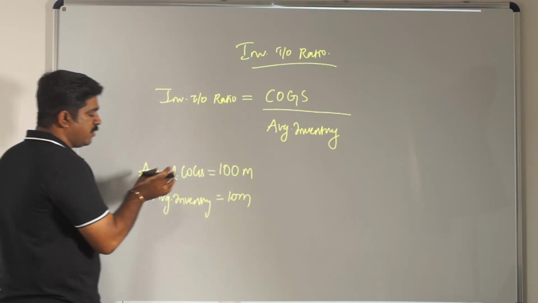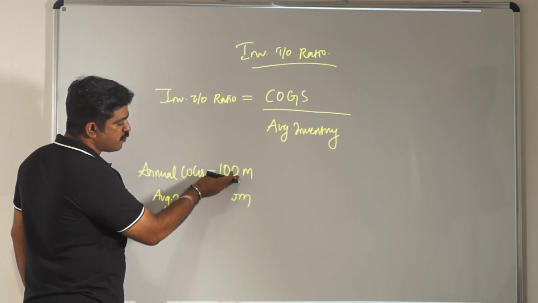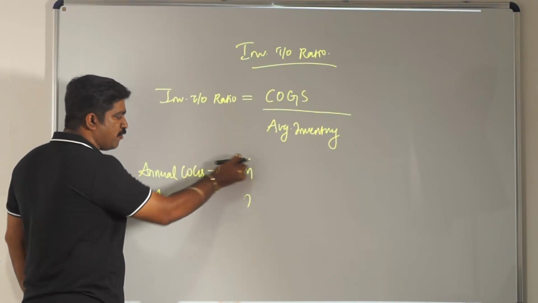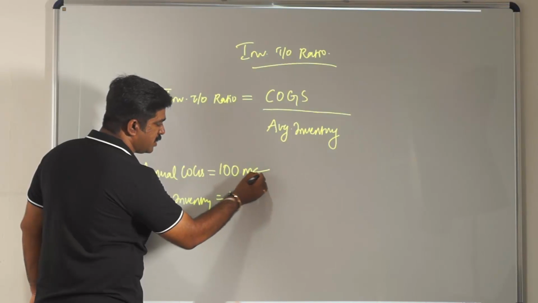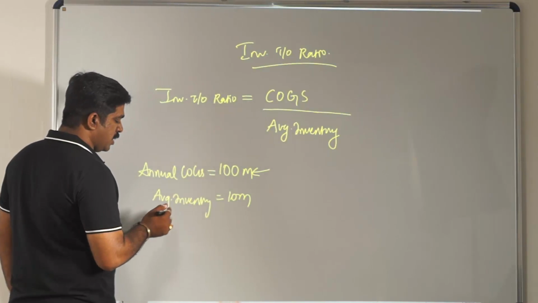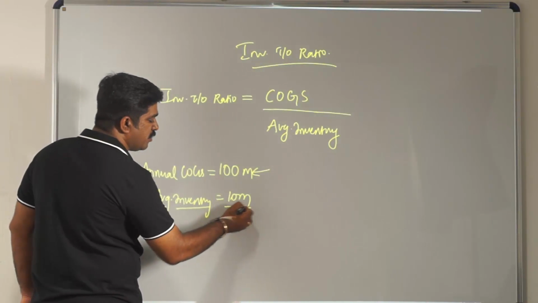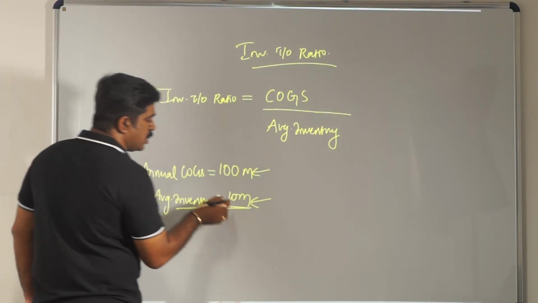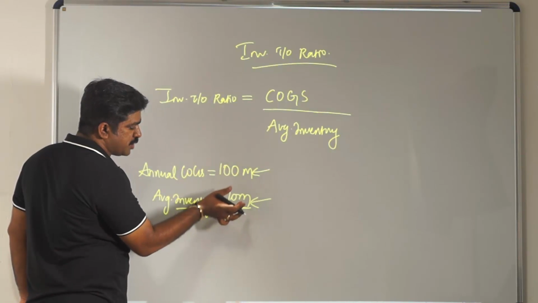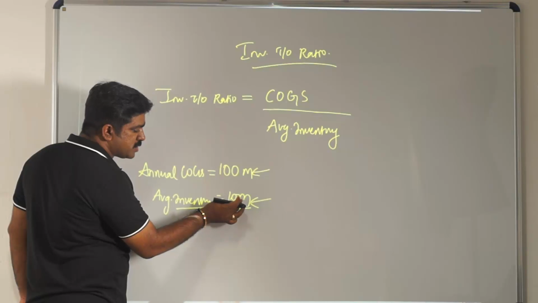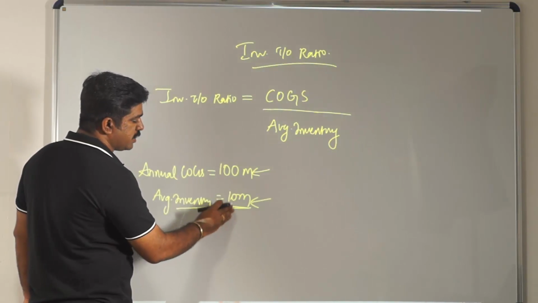So now what you can infer is their annual cost of goods sold. For one full year, they have made some sales, and for that, the cost which they have incurred is 100 million. Okay, and in their inventory, they have inventory worth 10 million. So this 100 million represents one full year position, and this 10 million represents those stocks which were not yet cleared or not yet sold.